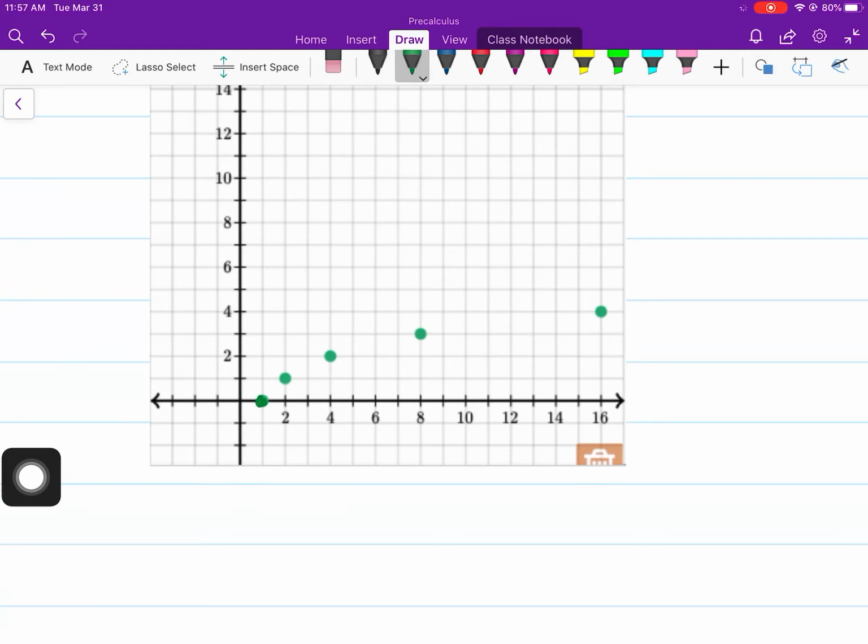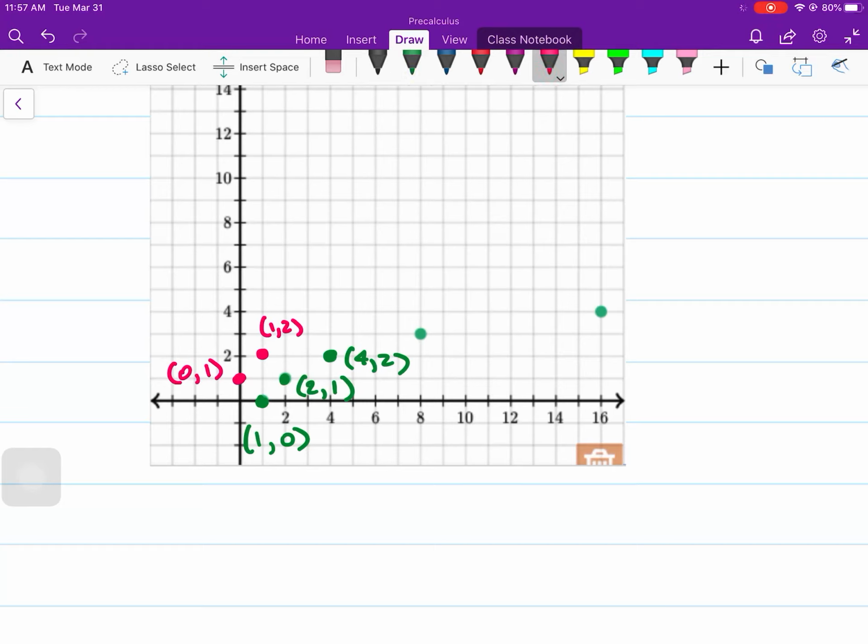Same thing. So here the point is (0, 1). Oh no, my bad, (1, 0). So our other point will be (0, 1). We're just going to switch those x and y values. Over here, this point is (2, 1). So then our other point would be (1, 2). This point is (4, 2).